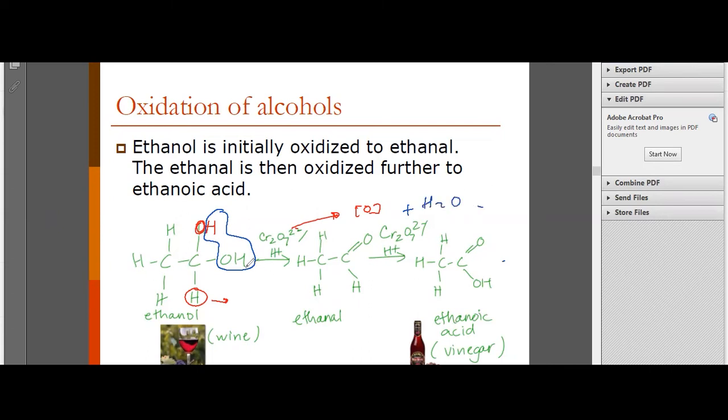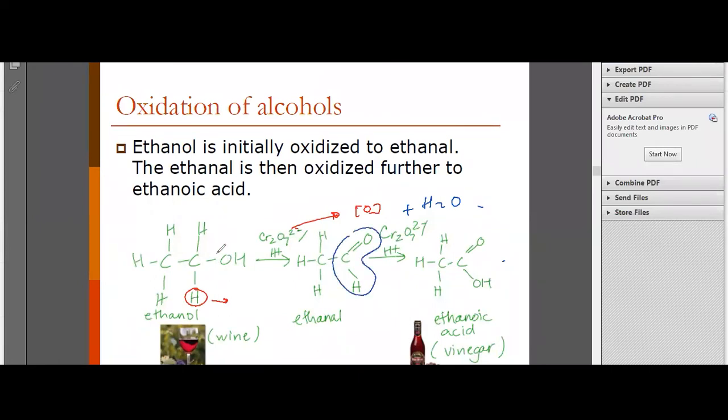As the water molecule is released, you can see that this carbon has a free hand, and oxygen also has a free hand since H has been released. This free hand and this free hand can combine to form the aldehyde functional group.